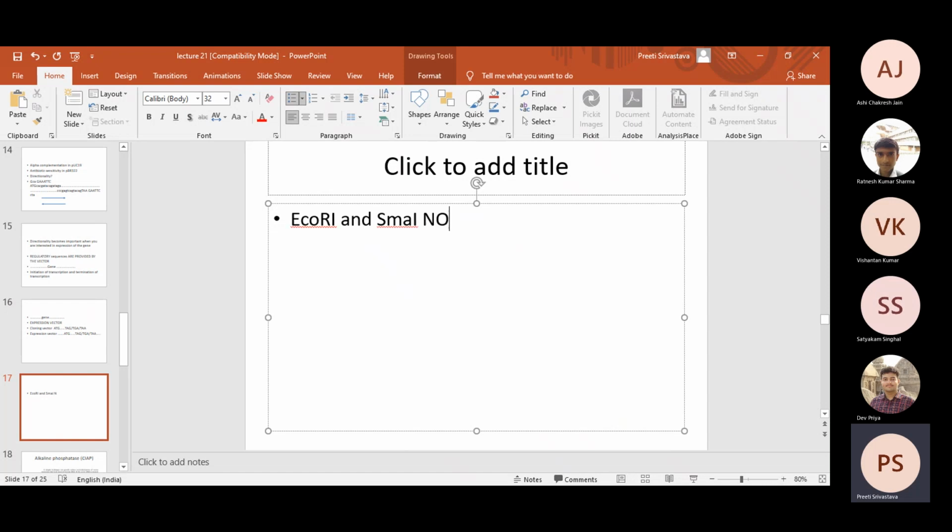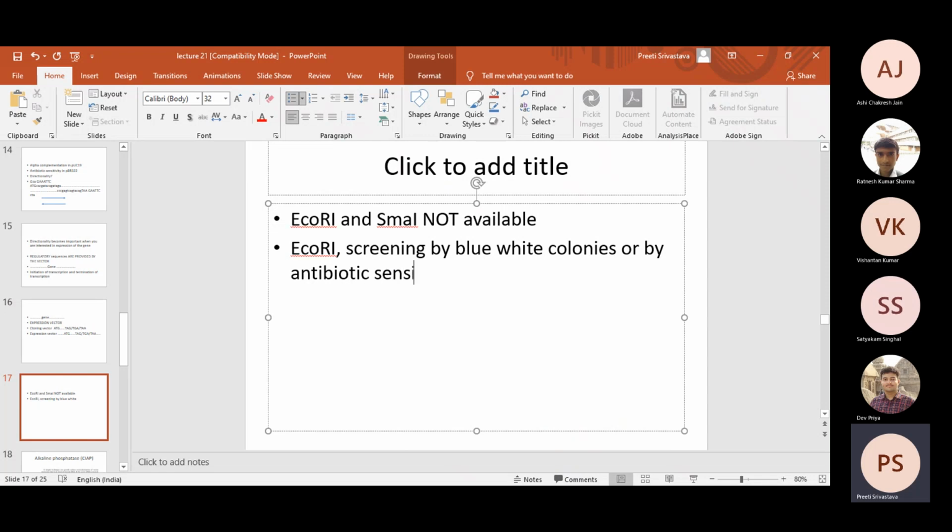Let's say this option is not available and you have to clone it between EcoRI. You do not have this option of screening by blue-white colonies or by antibiotic sensitivity. So in such cases, class, what is used is what is called alkaline phosphatase.